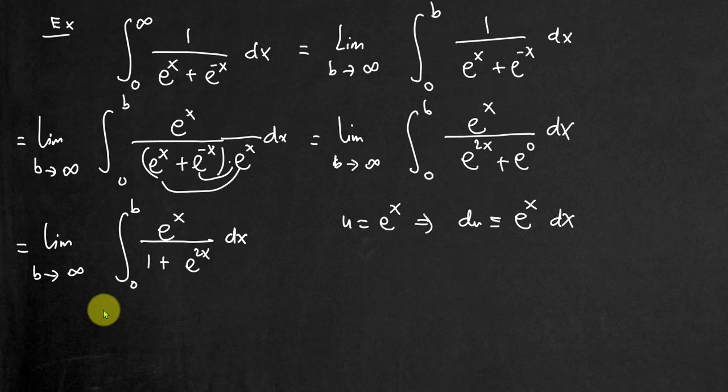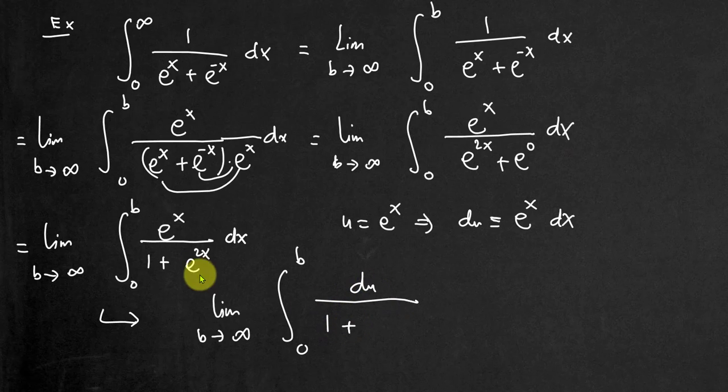From here, you can rewrite the limit as b approaches infinity, and e to the x together with dx is du. So du on the top, and on the bottom I have 1 plus e to the 2x, which I can rewrite as e to the x squared, or u squared.